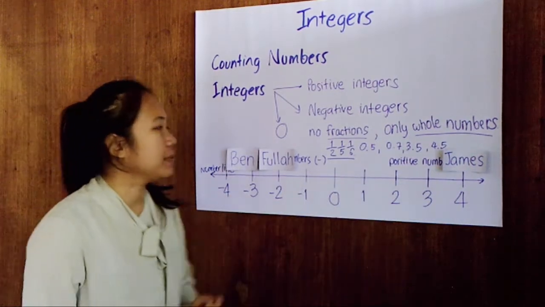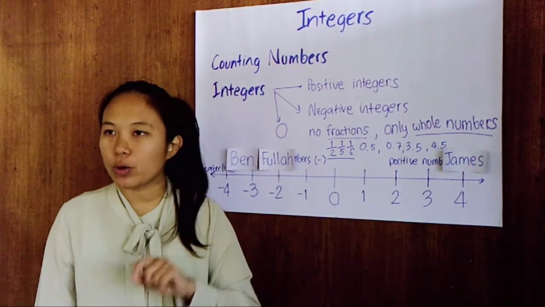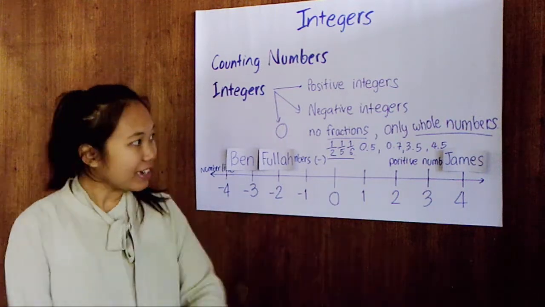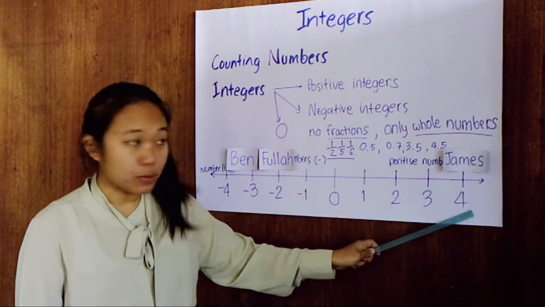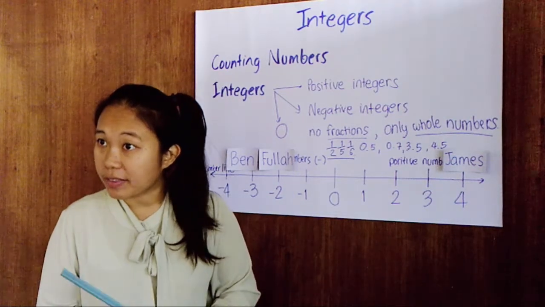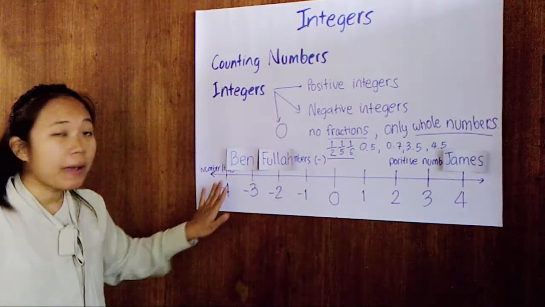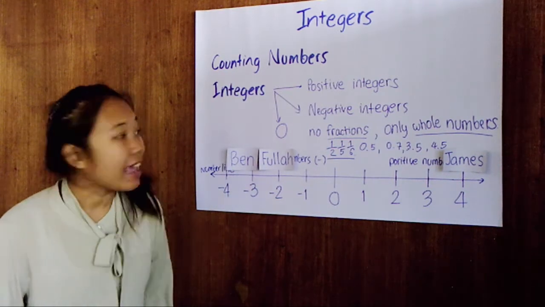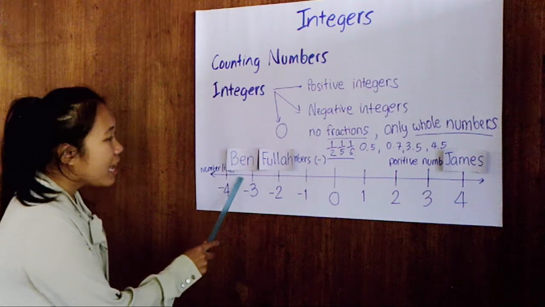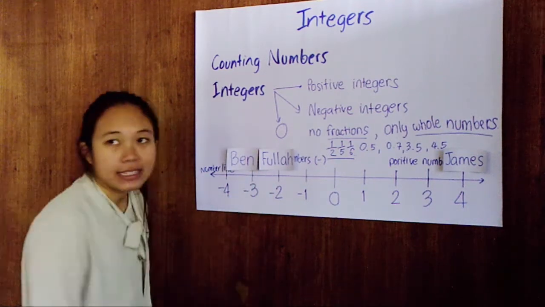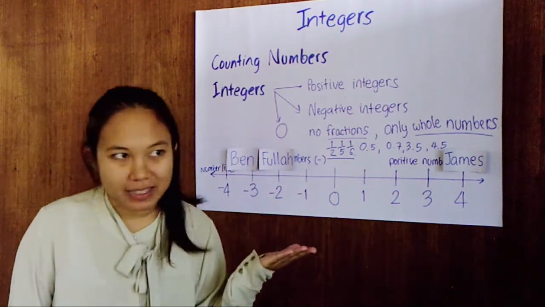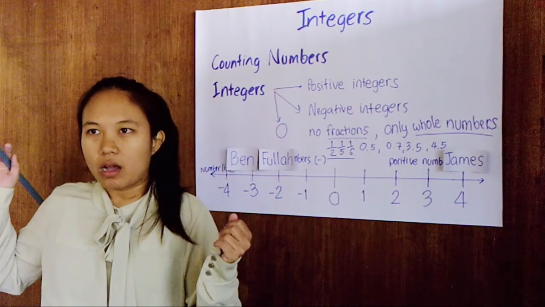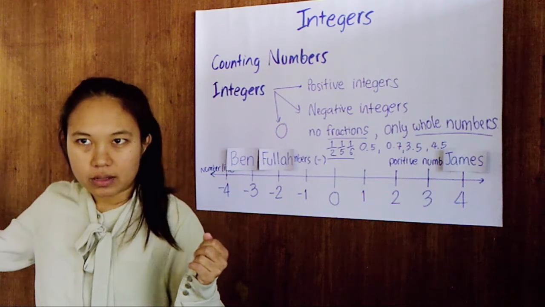So I want to ask you, who is the richest? James is the richest, right? Because he has 4 baht right now. But the two persons here, Phula and Ben, are in debt. Of these two, who is the poorest? Who is on the left?